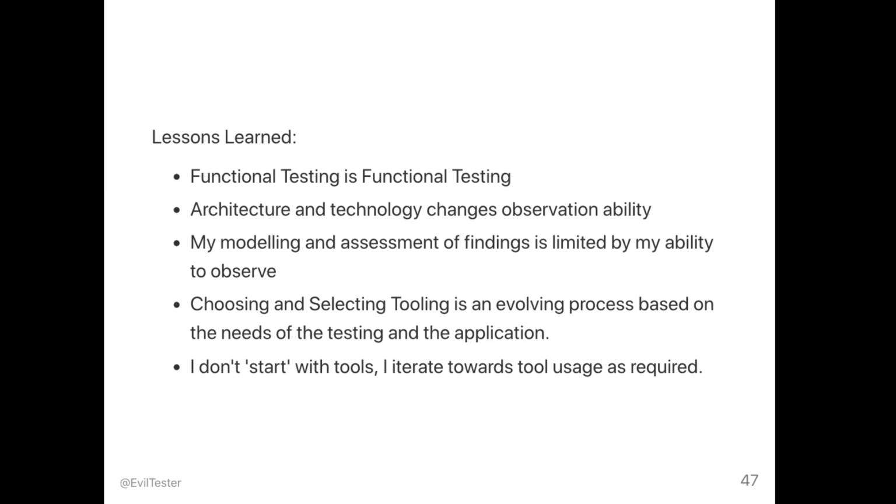But the architecture and technology change how we test, right? They change our ability to observe the system. My ability to model this and assess the findings is limited by my ability to observe. I didn't have anything that was looking at the network traffic, so I don't really know how this system is properly working. I'm limited in how I'm approaching things.